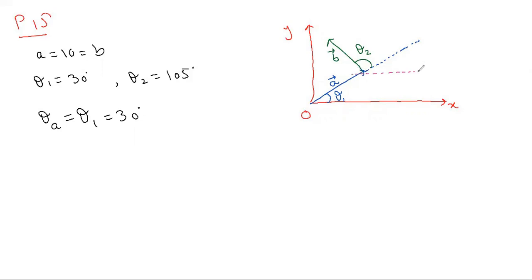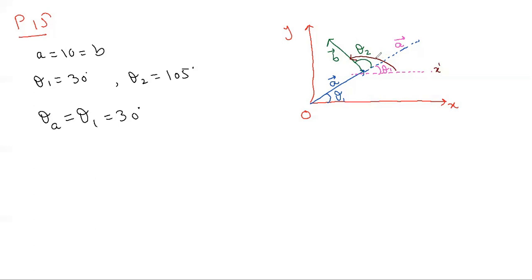This is my x-axis, and this vector A, this is just the extension of vector A, and it makes an angle of theta 1 with this x-axis. Okay. So it is quite evident that this will be the angle theta B which vector B will make with this positive x-axis.